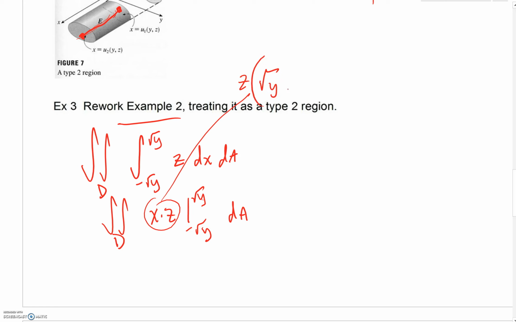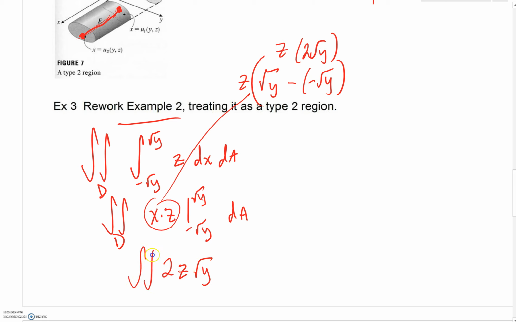We'd have a radical y minus this negative radical y, and that's going to become a 2 radical y. So our integrand actually is going to be 2z radical y. But as we're working this out, the big question is, what is D?